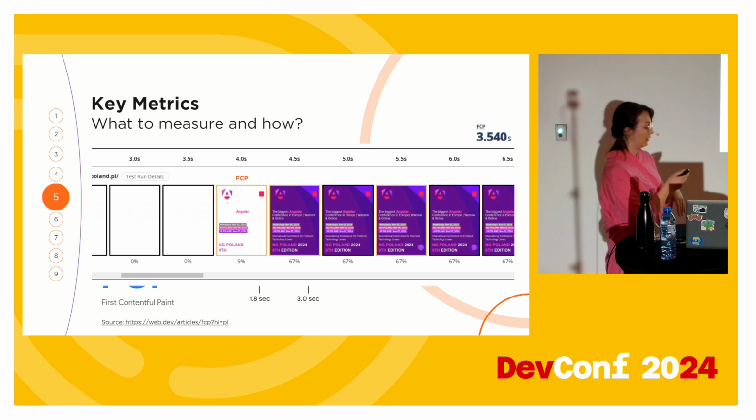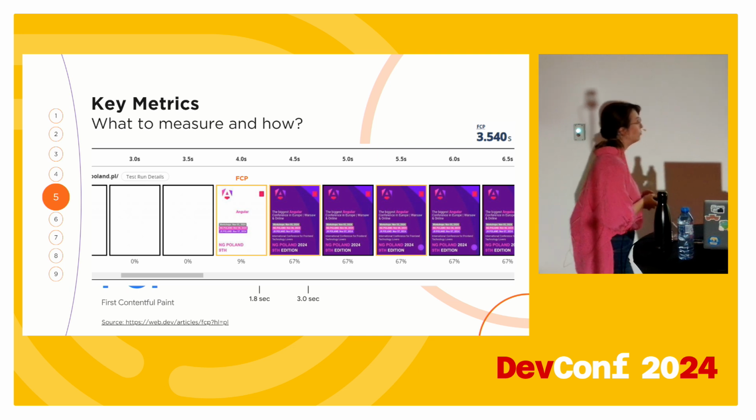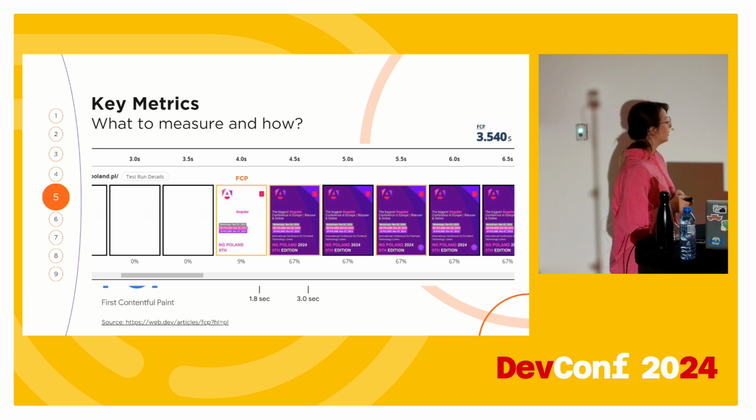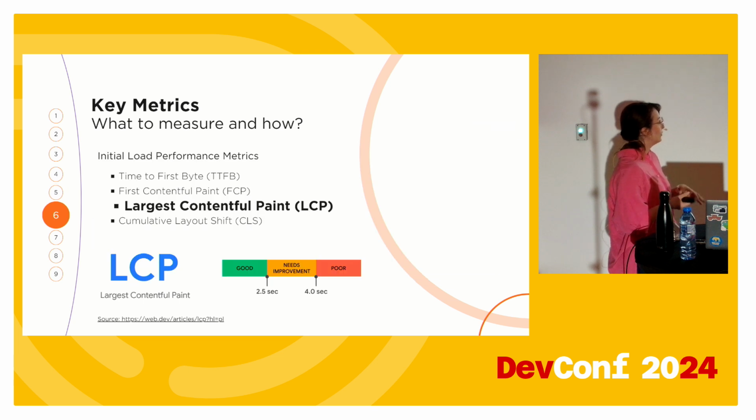This is the result from WebPageTest, where I was checking the NG Poland website, and here we have the FCP, the render of the first visible element, and it took 3.5 seconds. The result is not good, because as I said, we have 3 seconds to render the whole page, and here we have only a scratch. Okay, we can go next.